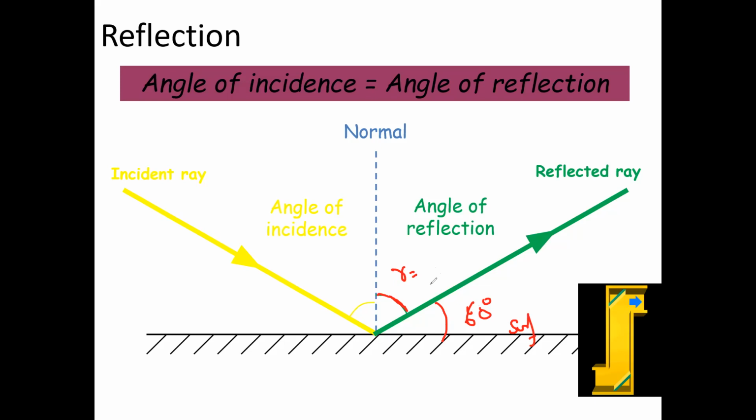The angle between the reflected ray and the surface is 60, so this will be 30. And if the angle of reflection is 30, what will be the angle of incidence? So that will also be 30. So always remember the angle of incidence will be equal to the angle of reflection.